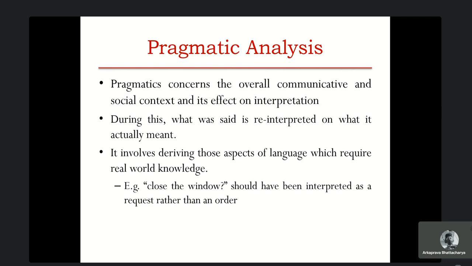If it is written, the tone could be interpreted as a request. But when you go with speech, based on the way in which the words are pronounced, it could be considered either a request or an order.